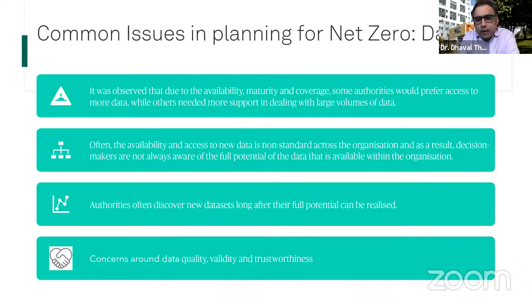Also, I think the access to data and availability of data and the knowledge of that the data sets are available is not always standard across organizations. And often decision makers realize that certain types of data sets are available, or what is the potential of it quite late into the process as well. There is also general concern around data quality, validity, and trustworthiness of data and data sets being used while making planning decisions as well. Next slide, please.